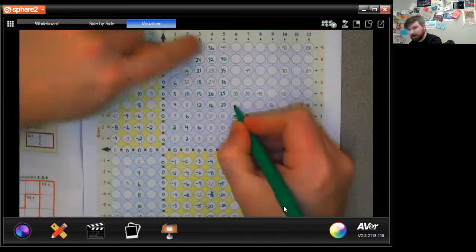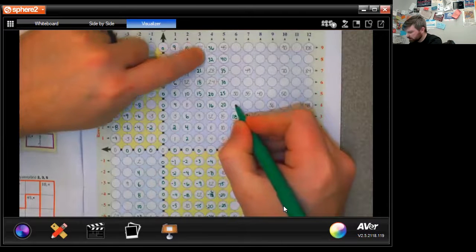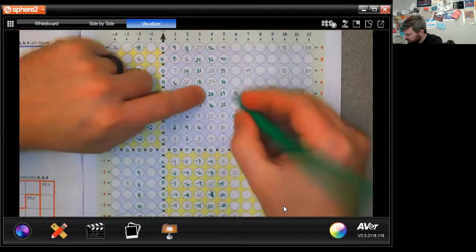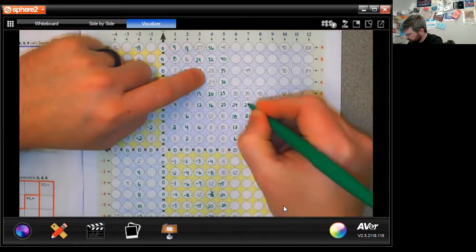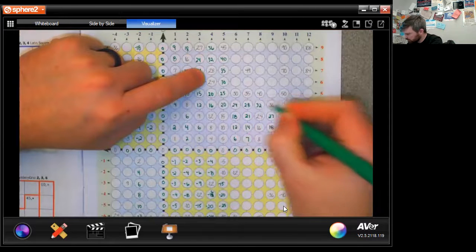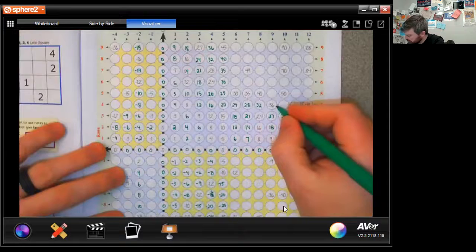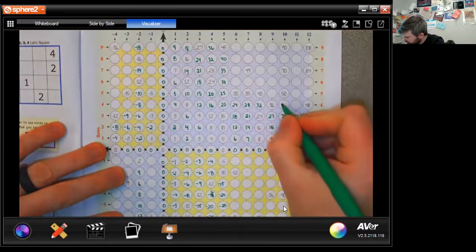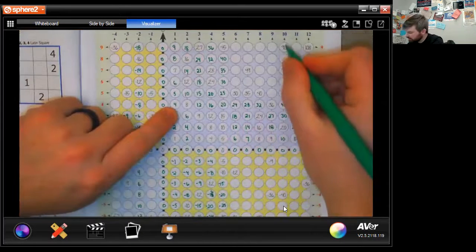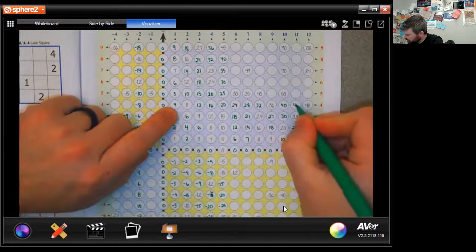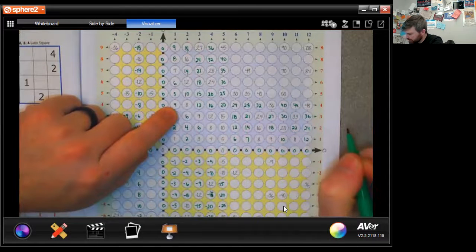And we've already done the column 4 here. So these numbers will repeat. So you got 20, then 24, 28, 32, 36, add 4. You get 40, which is 4 times 10, 44, and 48.